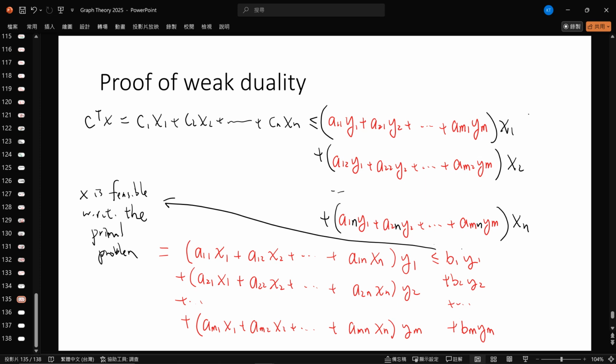And for this inequality, we use the assumption that y is feasible with respect to the dual problem. So that's why we need those two assumptions about the feasibilities of x and y. And now this sum is just b transpose y. So this finishes the proof.